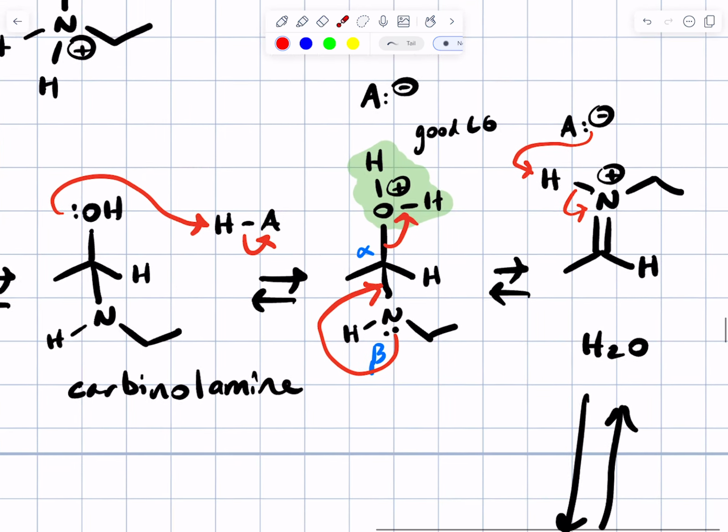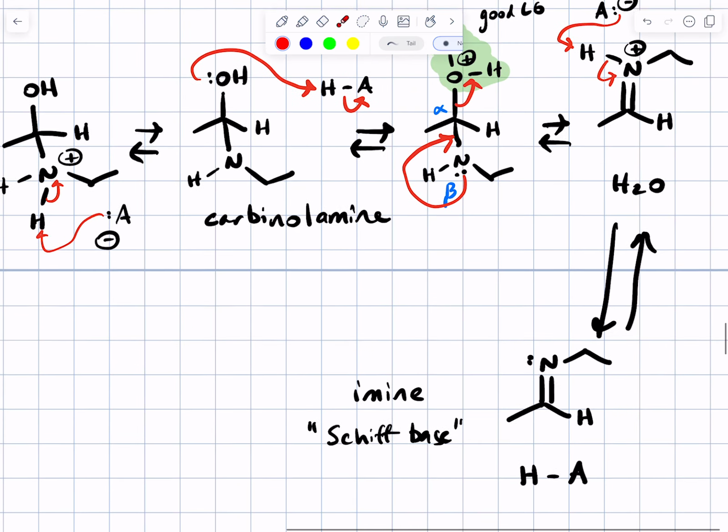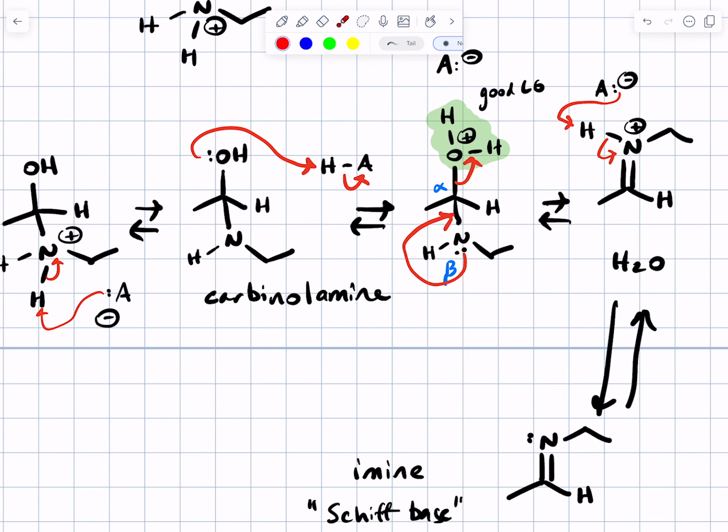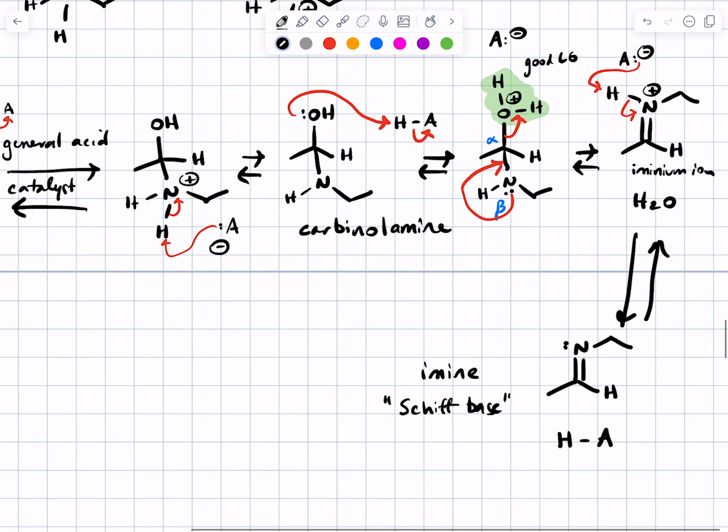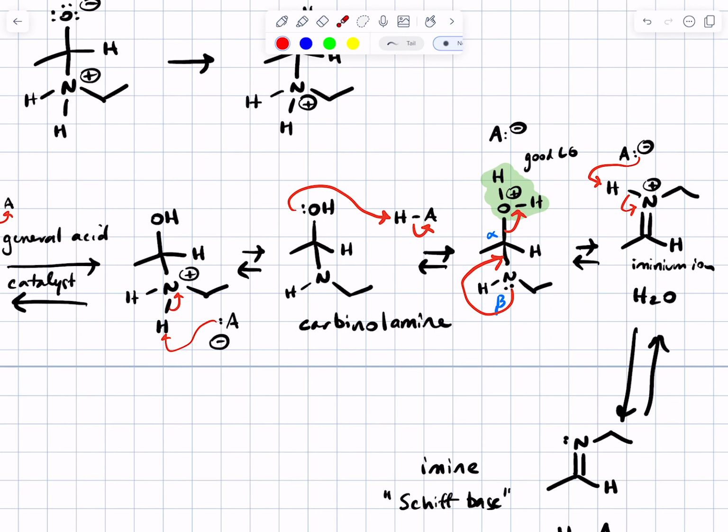For example, here, removal of the proton from this ammonium ion or iminium ion gets the imine product and restores the acid. You could go backwards simply by having lone pair electrons on the nitrogen remove a proton from the acid to go back to the iminium ion.